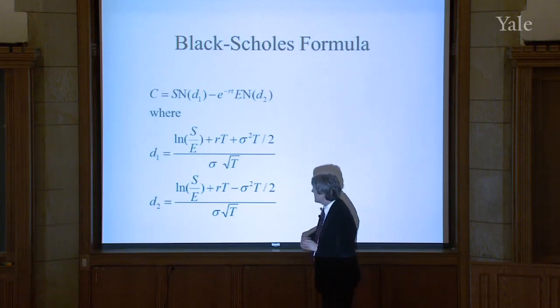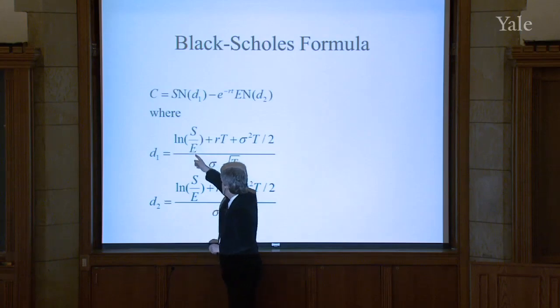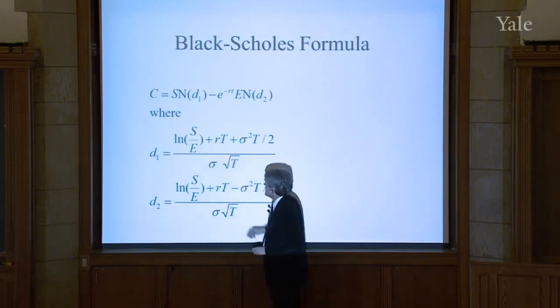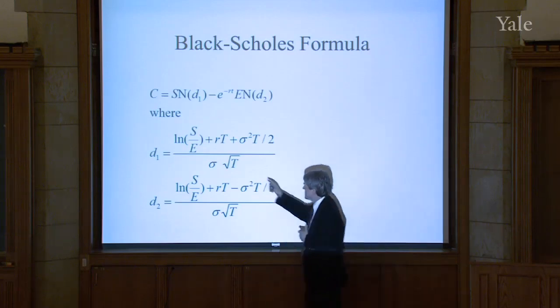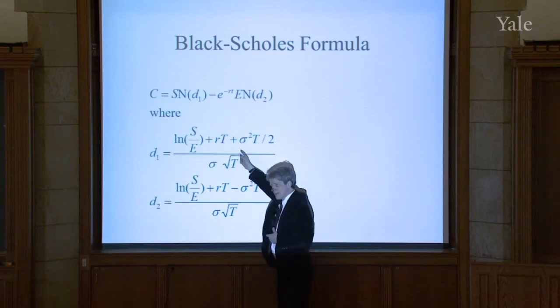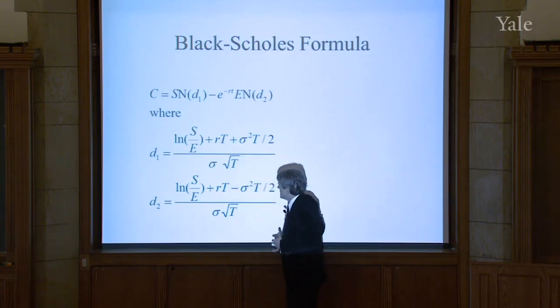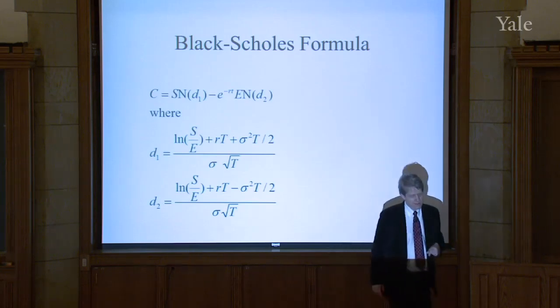I have to know what the stock price is, that's S. I have to know what the exercise price is, and I have to know the time to maturity. These are all specified by the stock price and the contract. I have to know what the interest rate is. And if I also have some idea of the standard deviation of the change in the stock price, then I can get an option price.